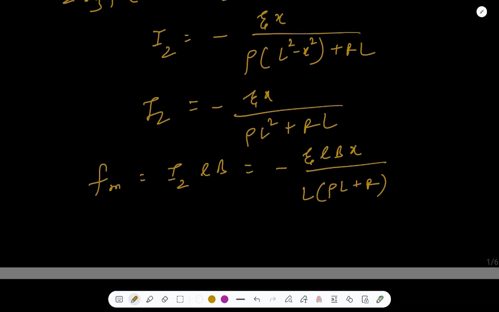And it is directed towards the right because X is already negative, so the magnetic force is positive. That means it is directed to the right.